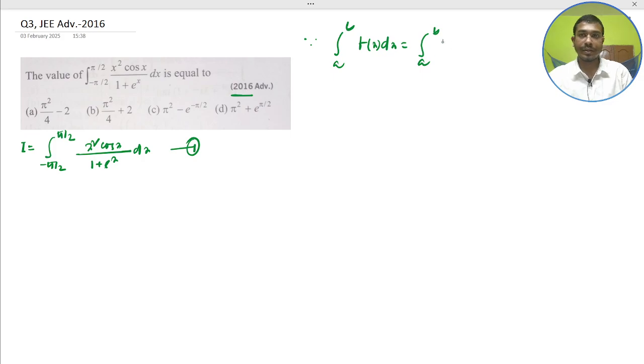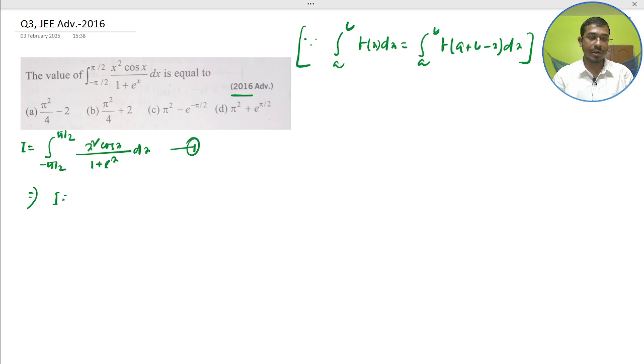The shifting property applies here, a plus b minus x dx. Okay, this is the property. So it should be converted to I equal to integration from minus pi by 2 to pi by 2 of x square cosine of minus x divided by 1 plus e to the power x dx. This is equation number 2.